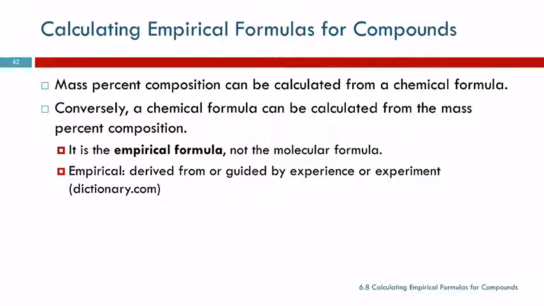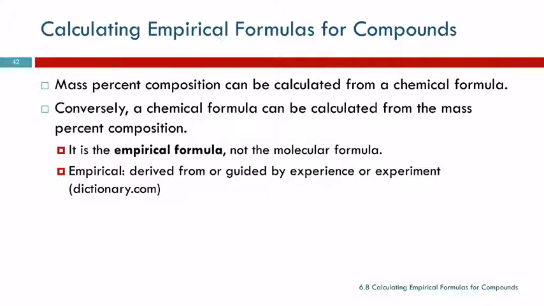And they would weigh each of the elements. You take the mass of the element divided by the mass of the compound you start with times 100, and you get the percent composition. The percent composition was originally found experimentally by taking something apart.